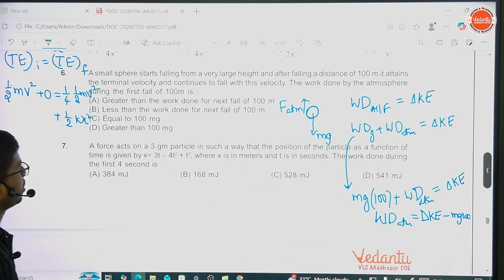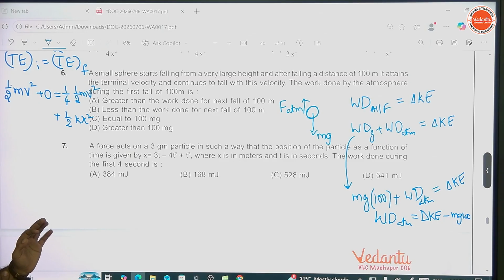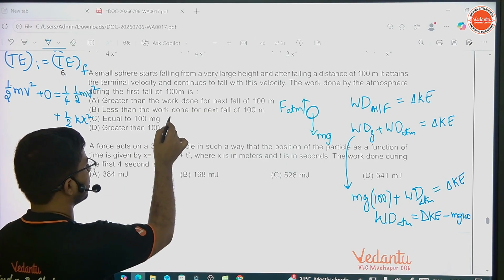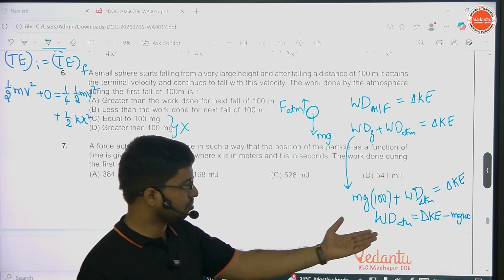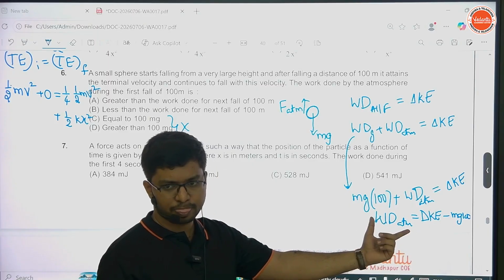Now look at this one: greater than the work done for the next fall of 100 meters, less than the work done for the next fall of 100 meters, equal to 100 mg, greater than 100 mg. Definitely these two options are incorrect, because we can clearly see it over here.